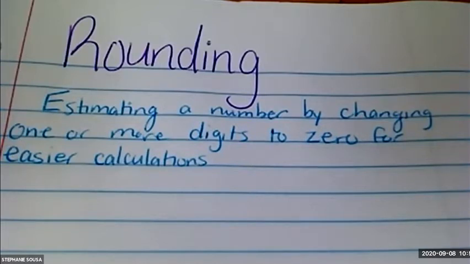It is very rare that you will find a package of something with like 272. Normally, they'll just round that to an even number of 270 or 300 items in a package. So rounding is used every day all around us. And again, it's estimating a number by changing 1 or more digits to 0 for easier calculations.